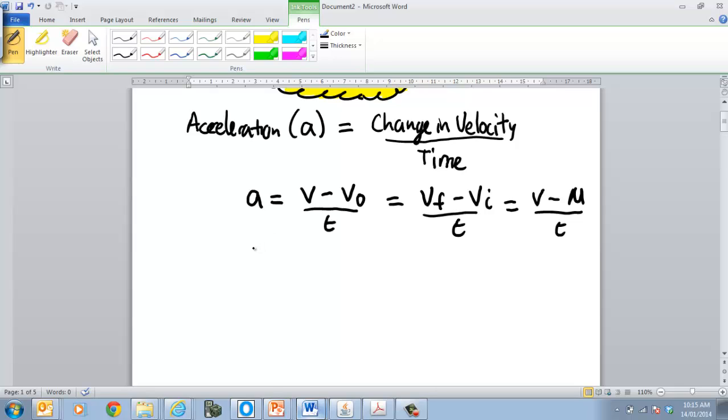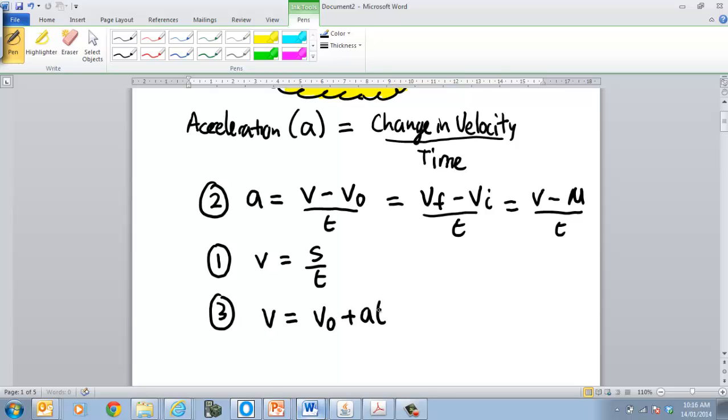Probably the first formula you had was when you don't change your velocity, or don't accelerate, we can say velocity is equal to displacement over time. We'll call this one here formula number 1, this one here formula number 2, and formula number 3 we'll call this one here, where we say that v is equal to v0 plus a times t, and that's just the rearrangement of this formula into another form for you, so you can find the final velocity.